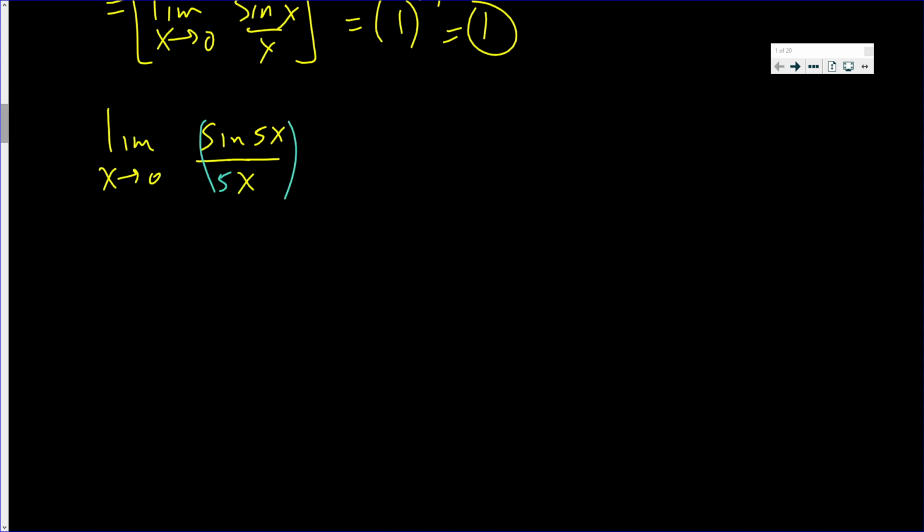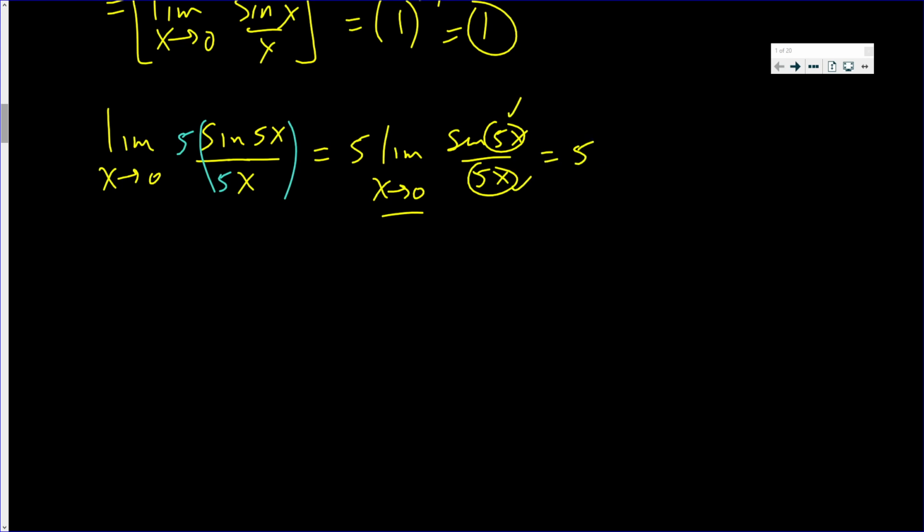So put the 5 there and then multiply by 5. In fact, that 5 in the numerator can come in front of the limit. The sine of 5x over 5x, these are both the same, and when x gets closer to 0, those get closer to 0 as well. So that limit is 1, but we want 5 times the limit.